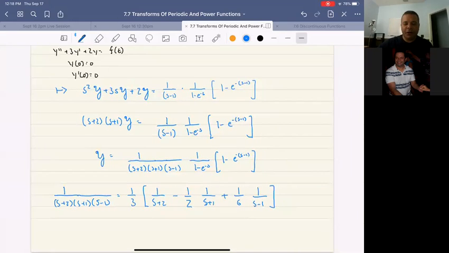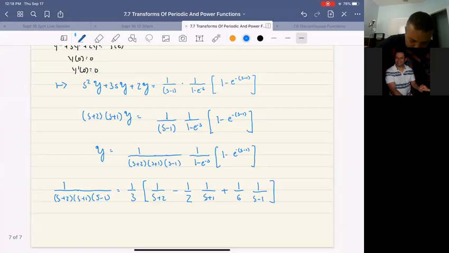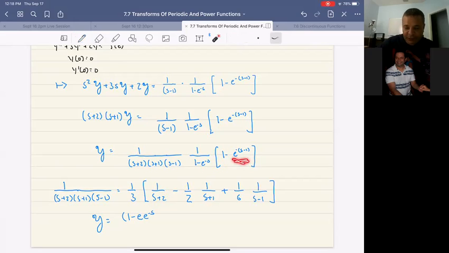Okay, so our y equals 1 minus e times e to the negative s, that's this bit, over 1 minus e to the negative s times this whole mess.